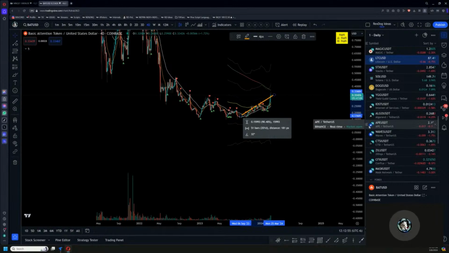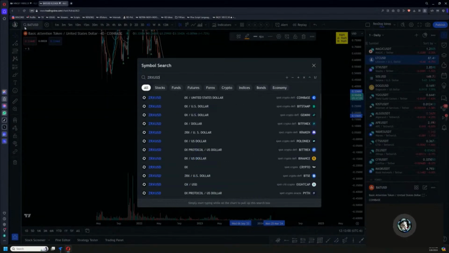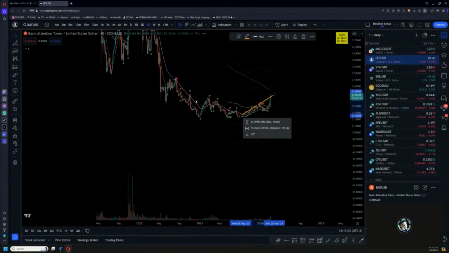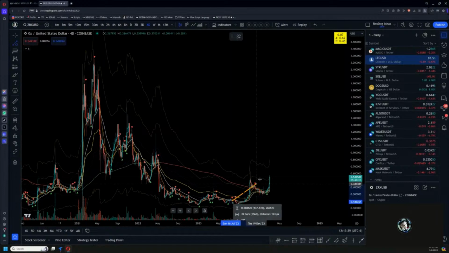ZRX and Dash are my last ones I want to look at here. ZRX USD. And the same time, right around the basis on that. 019. 019. $194.